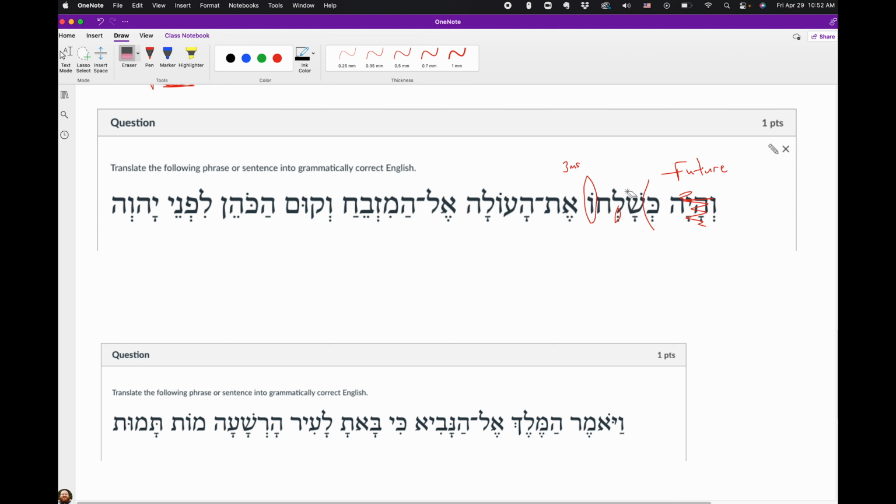Now over here we can't have a holum because this is actually supposed to be a closed syllable. So if this were a holum here, it would be open and you'd have lahu as sort of a vocal shava plus hu. But what this is doing is we've actually got three syllables here. We've got k, shol, hu. And so this is a silent shava breaking the word into syllables here.